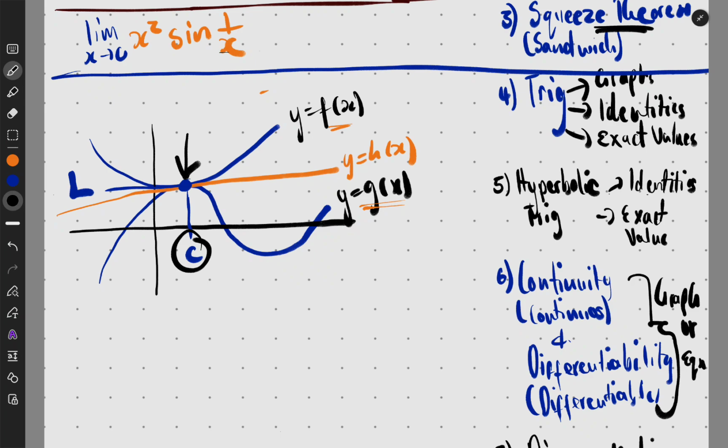So if you get to a point where the one which is below and the one which is above are giving you the same limit, then automatically the middle one will have to be giving you that same limit, because this middle one, the orange one, cannot go below this value here.